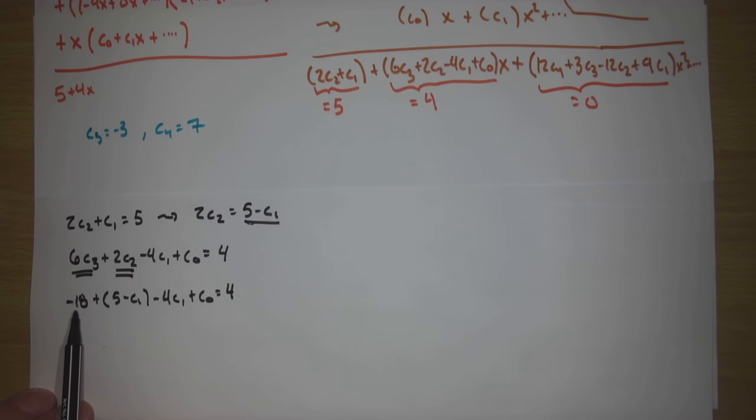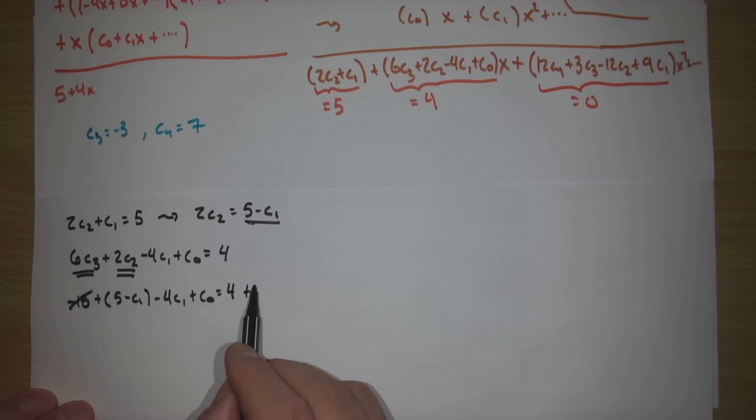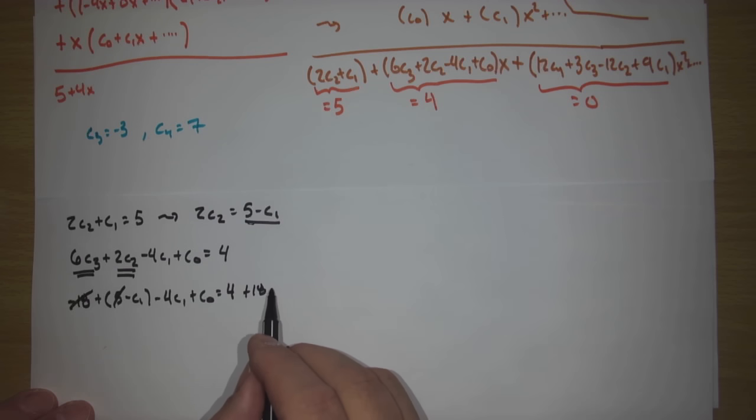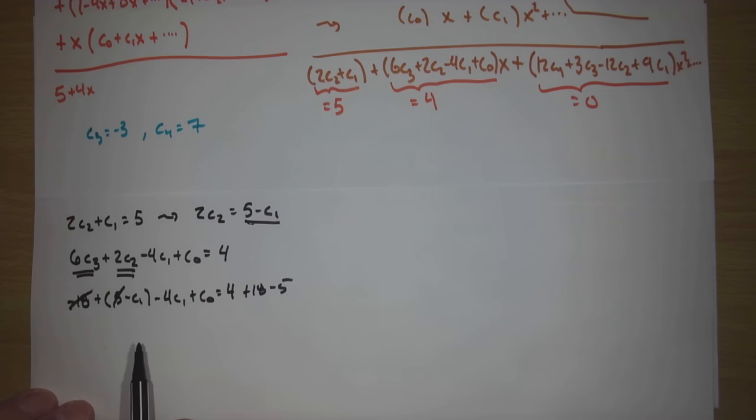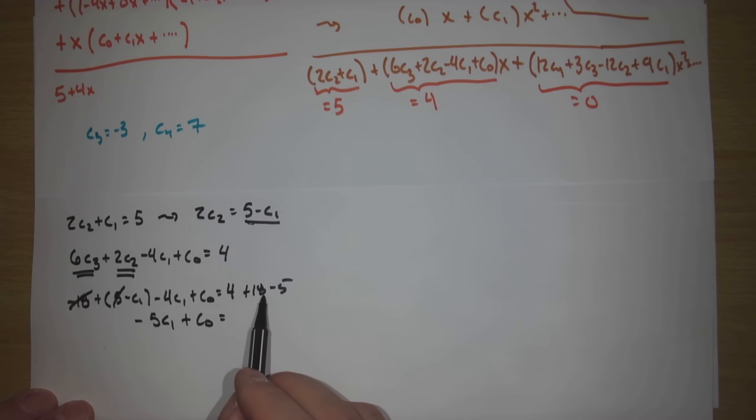Well, minus 18, you can pull that across as a plus 18. This 5 you can pull across as a minus 5. And so c1 minus 4c1 makes minus 5c1 plus c0. 4 plus 18 is 22 minus 5 is 17.